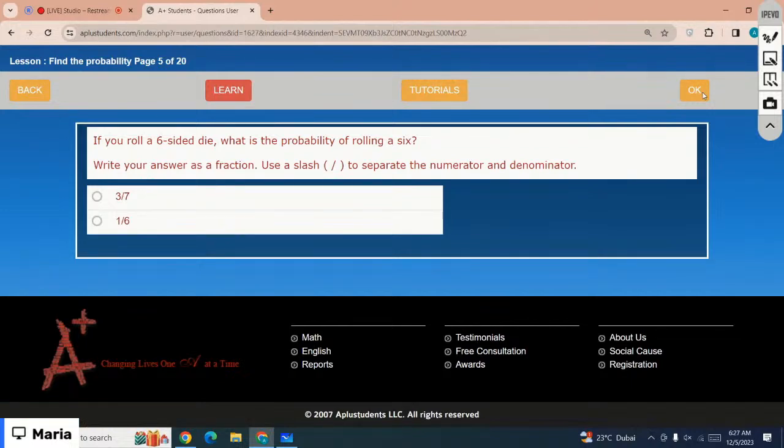You roll a six-sided die. What is the probability of rolling a 6? Which is the correct option?